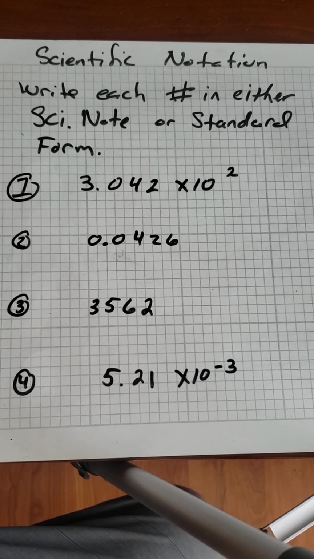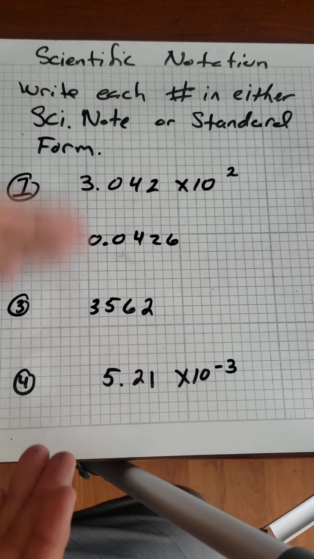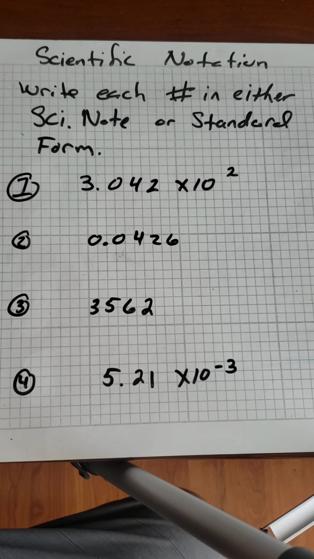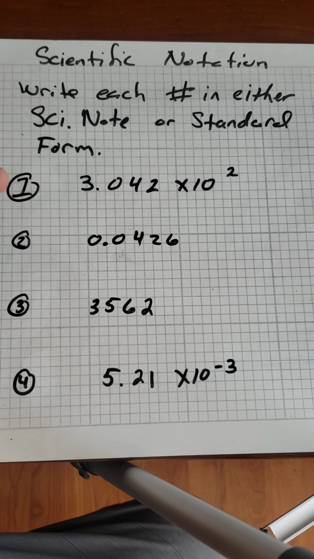So I'm guessing some of you, when you looked at these problems, remembered something about moving left and moving right and something about the exponents. And then there was a certain way that the answer had to look in order for it to be in scientific notation. Those are probably the things that we remember. So I'm going to go ahead and talk briefly about what scientific notation is.